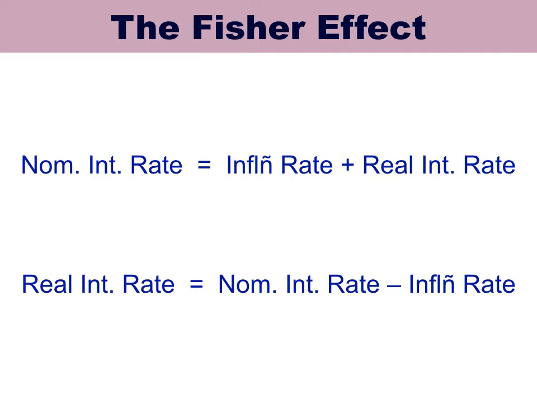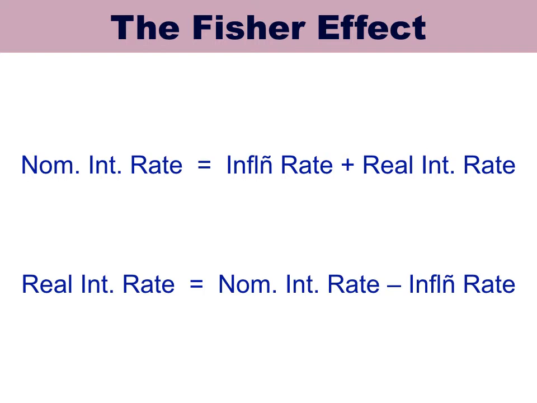The equation that I am going to use as a depositor is going to be the second equation. So at the end of the year, I want to be able to determine my real interest rate. So let's just set up a new example.